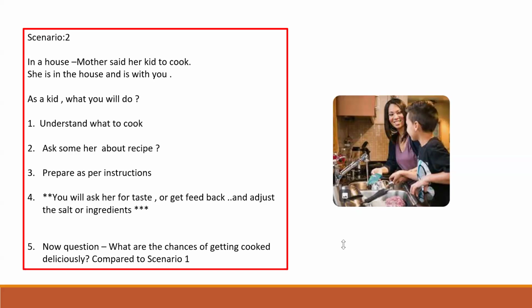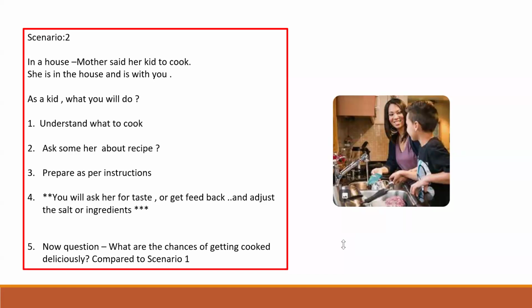Okay, so there is feedback happening. She is giving you the feedback, and you are working on it. You are trying to change the way you are working. You are adapting to this particular feedback. Okay, so that's one thing. So the two things that we got here are the feedback, and adapting to that feedback.